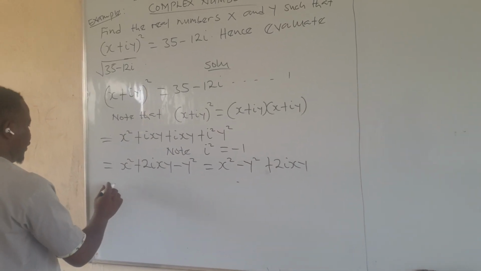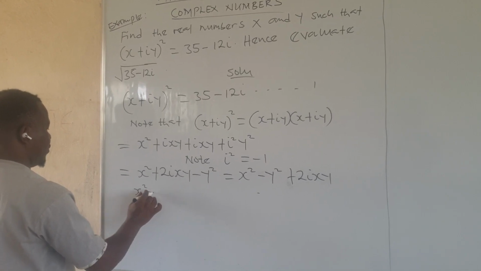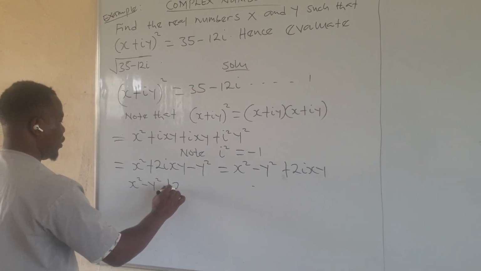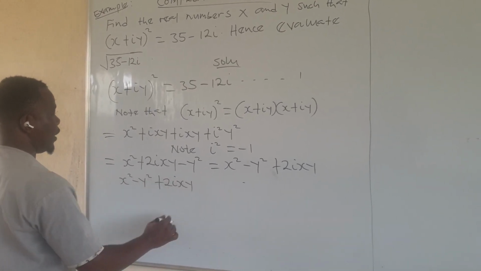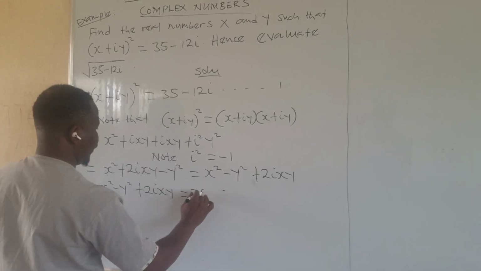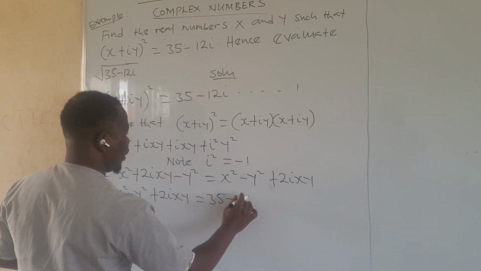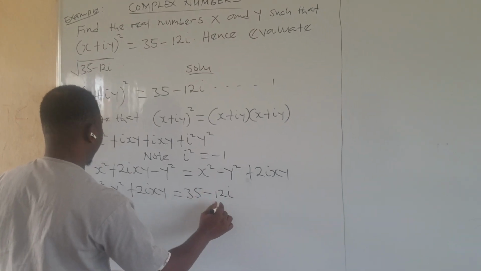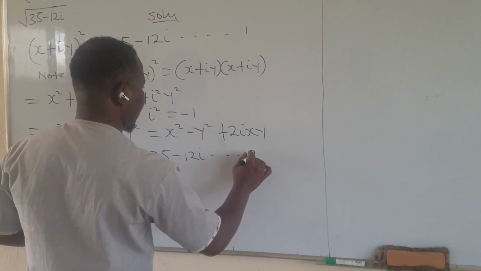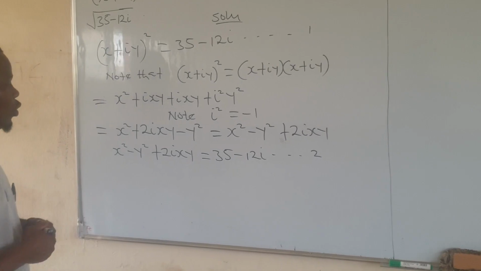So we now write it this way: x squared minus y squared plus 2ixy is now equal to 35 minus 12i. So we assume this to be equation 2.